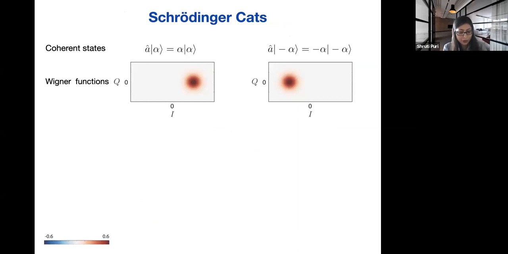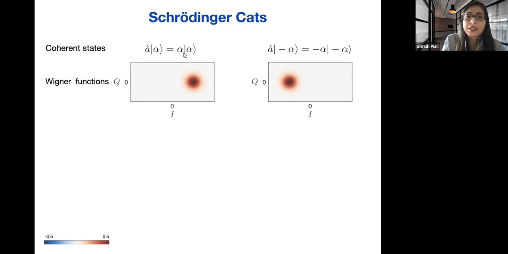Okay, so now we have to look into some quantum optics. As an introduction, let's look at what coherent states are. The coherent states are the eigenstates of the photon annihilation operator. So coherent state alpha is an eigenstate with eigenvalue alpha, and coherent state minus alpha is an eigenstate with eigenvalue minus alpha. You can represent these states in the phase space. The x-axis here is like the position, and the y-axis is like the momentum.